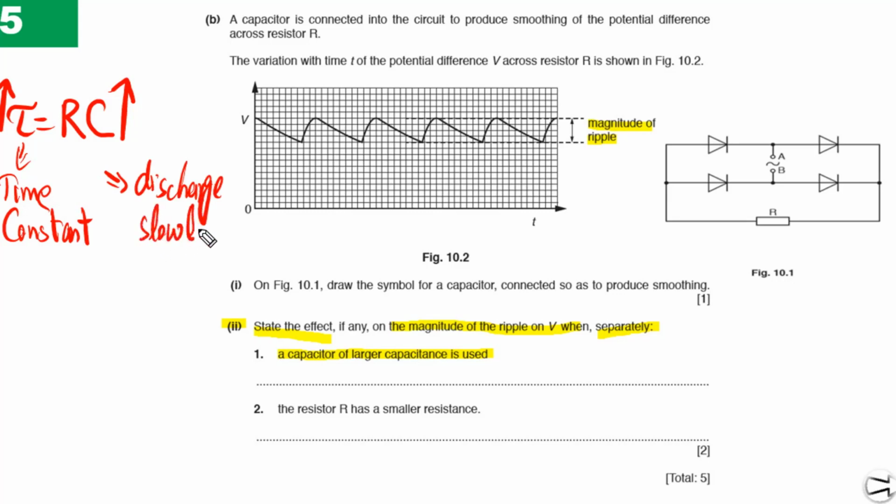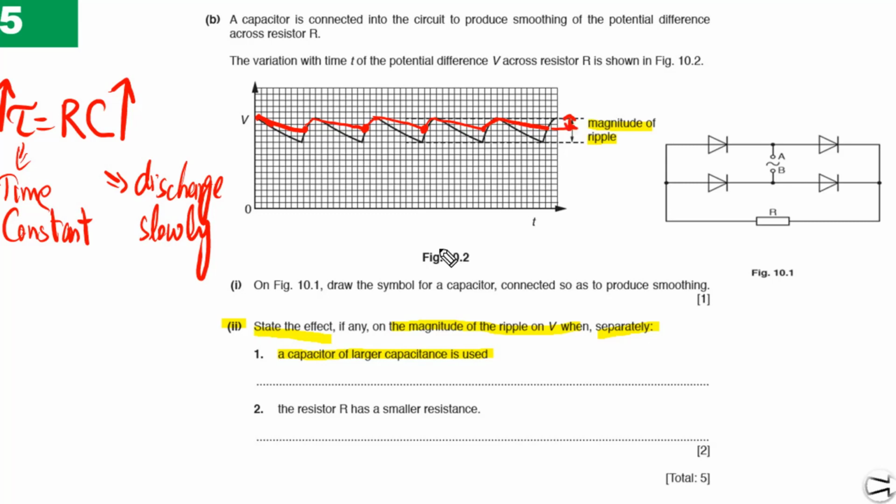When the capacitor discharges slowly, its potential difference will decrease slowly. So here you will see its potential difference maybe will be this. Now if you look at the ripple, the magnitude of ripples is only this much. So if we use a larger capacitor, the magnitude of ripples decreases.